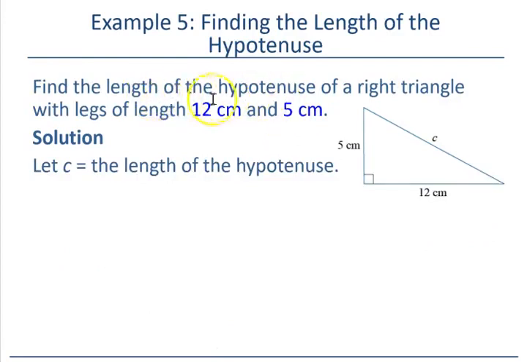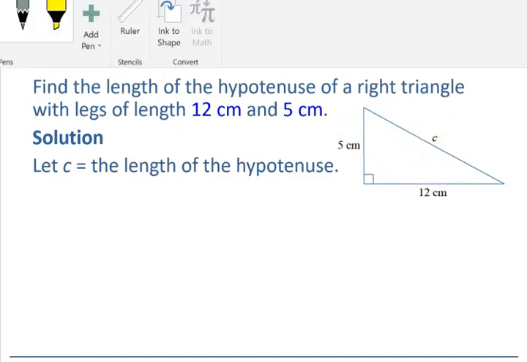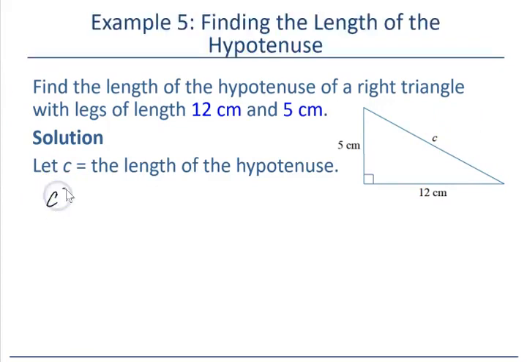Find the length of the hypotenuse of a right triangle with legs 12 centimeters and 5 centimeters. So we don't know this yet, but we do have the formula. Let's pull up the formula here. We have C squared equals A squared plus B squared.